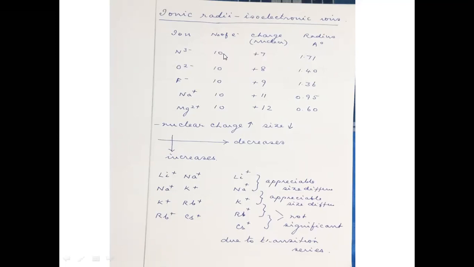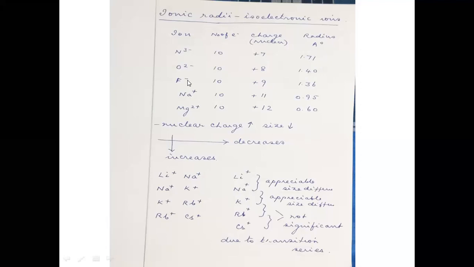In both the cases, the number of electrons is only 10, but the radius has come down from 1.71 to 1.40. It is because of that one additional positive charge. So with one more charge, the electrons are effectively attracted towards the nucleus. Therefore the shrinkage has taken place and the radius of the ion has come down.